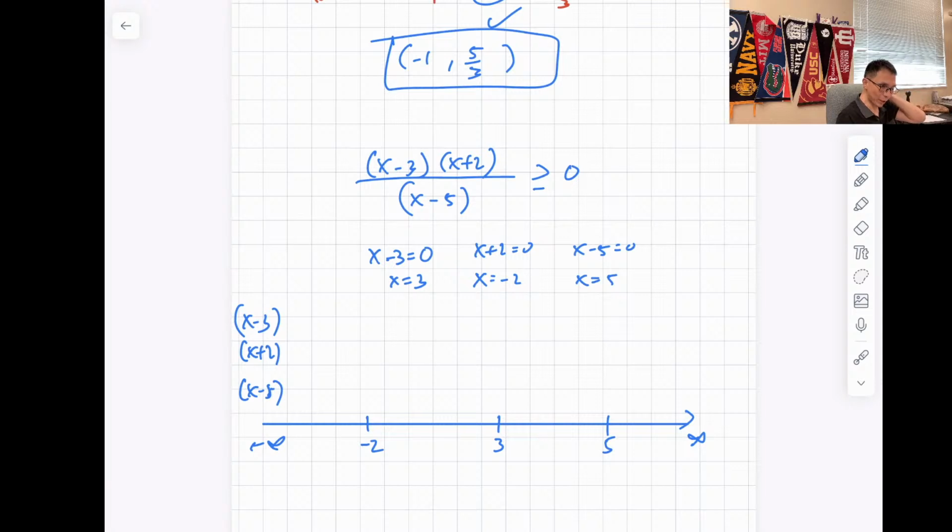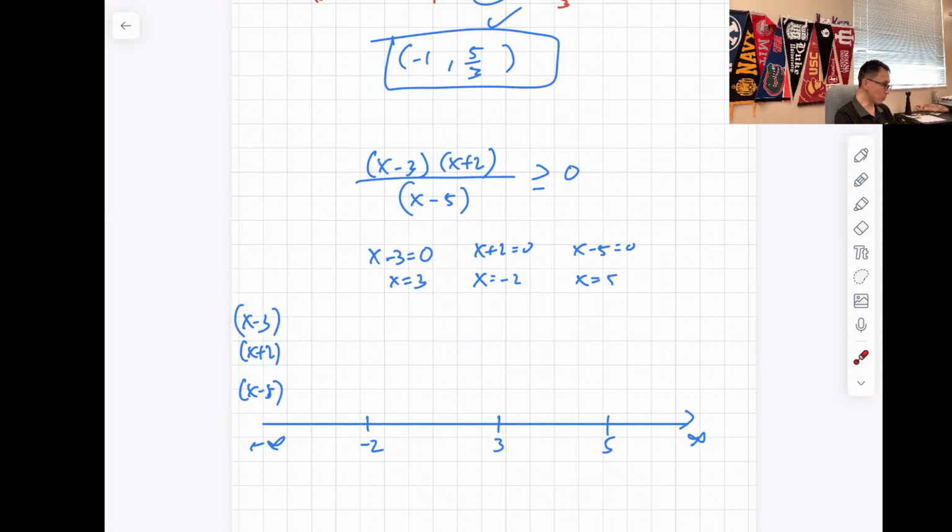Because now I have 1, 2, 3, 4 regions I have to choose from. It's not always plus, minus, plus. You have to pay attention to which value I want to pick between negative infinity and negative 2. Negative 3. Okay, what happens if I plug in negative 3 into this? Negative, right?